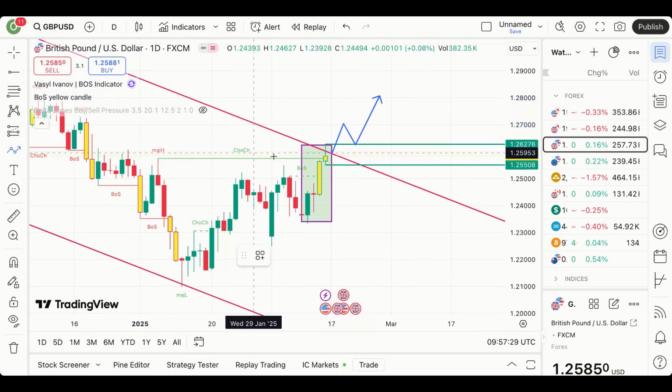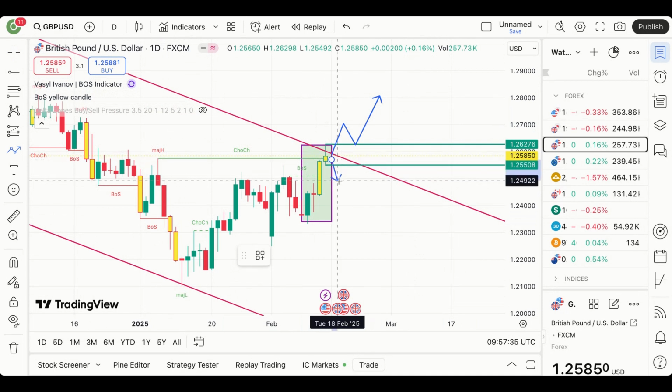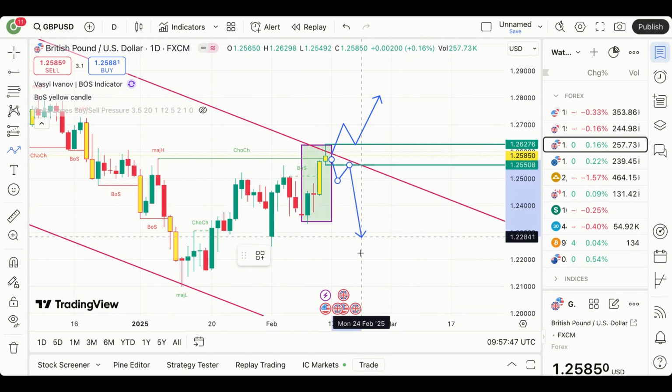Otherwise, we look for the candle breaking from this end, breaking this daily candle, and retouching this, break and retest this line and start trading downward to this area.